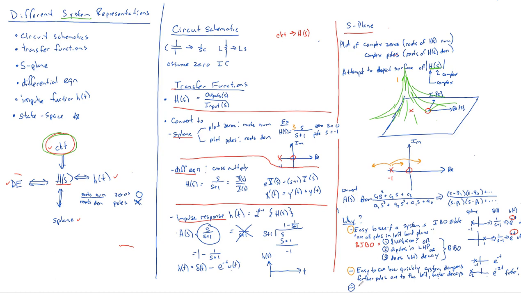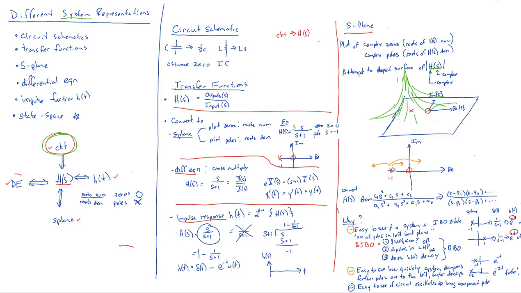The last is, it's easy to see if your circuit or your system oscillates. And it oscillates if you've got an imaginary component of your poles. It's always about the poles.